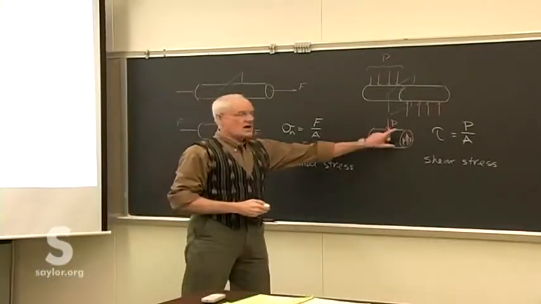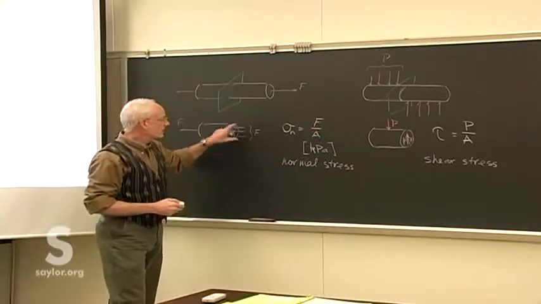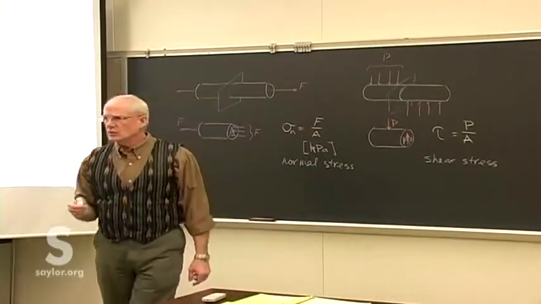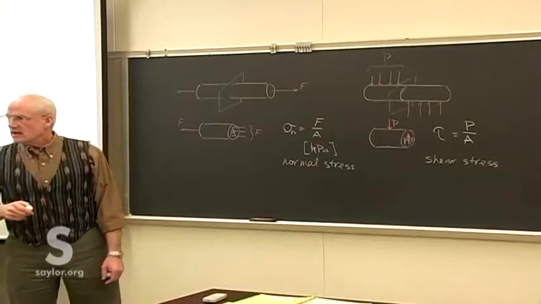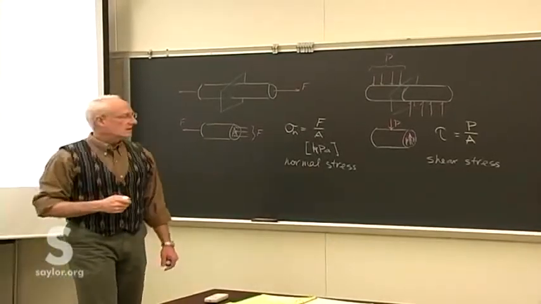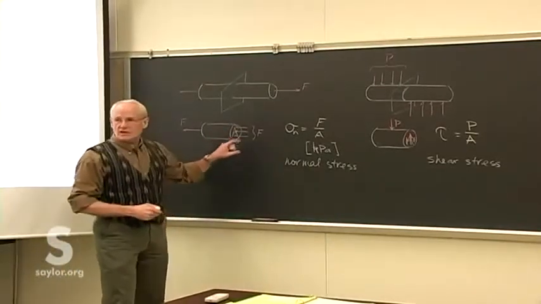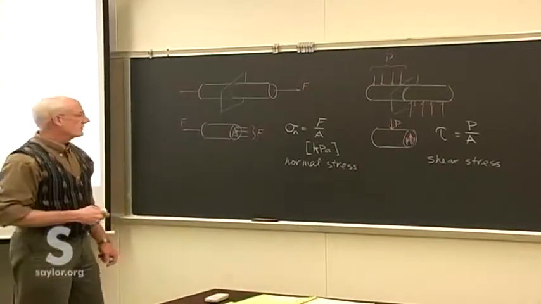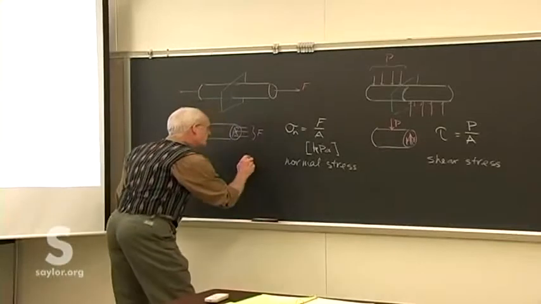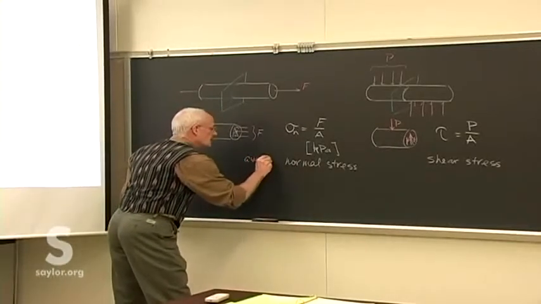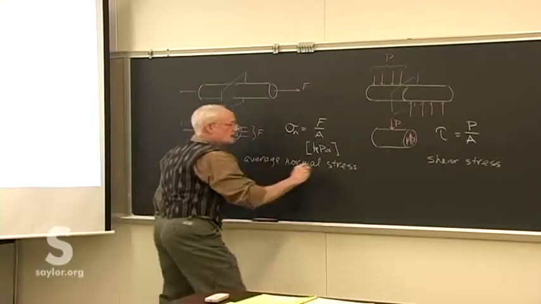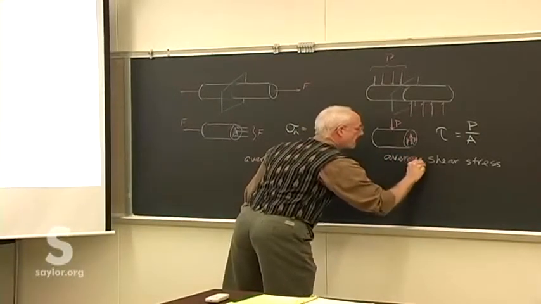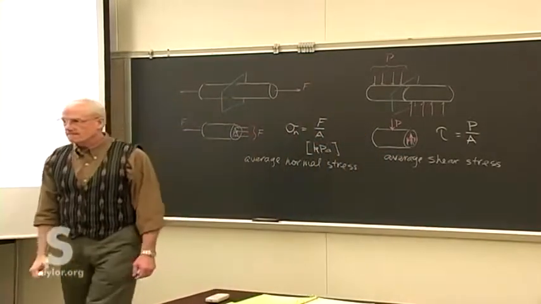They are not constant over the cross-section, but we're not going to worry, at least not at this time, about the fact that these force distributions across these areas aren't uniform. We're going to treat them as if they're uniform. And so these are average values unless we say otherwise.